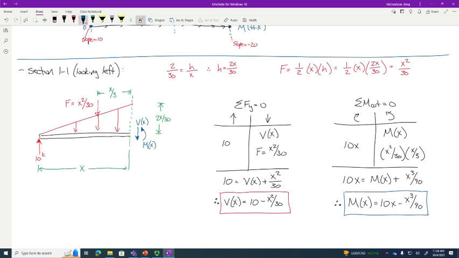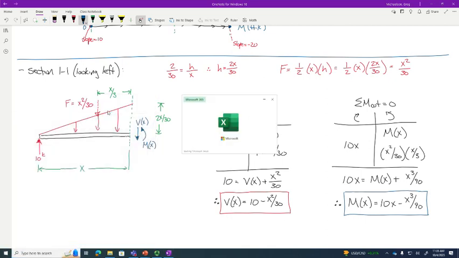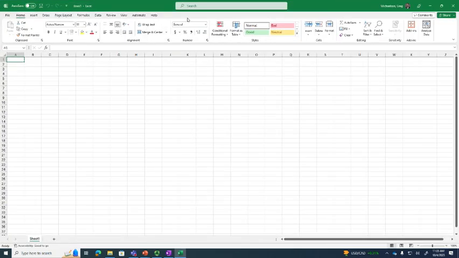Now, what would be another test that these expressions are right? Well, I got another test. How about we break out some Excel? You're engineers. Excel should be one of the 5 food groups. Okay. All right.